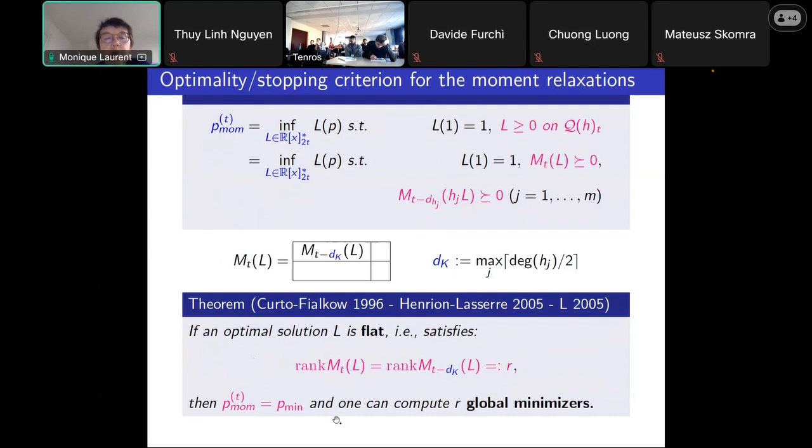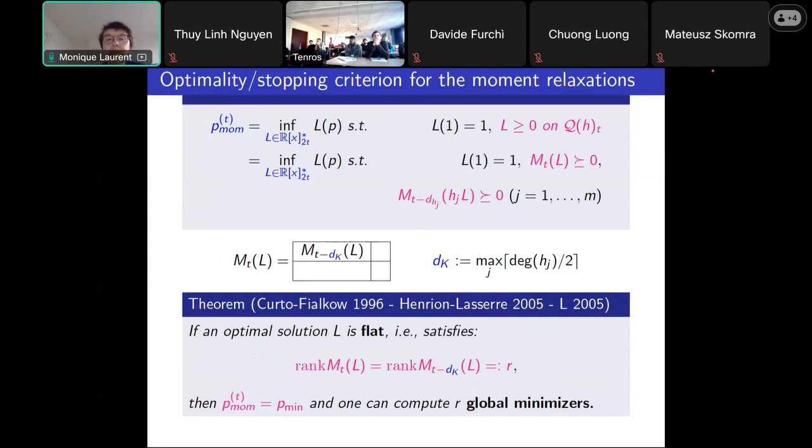Then the conclusion is that the moment bound is actually equal to the minimum. This is the first conclusion. And the second conclusion is that because of this flatness condition, one can efficiently find the global minimizers, R of them, and they can be found using the information contained in the moment matrix.